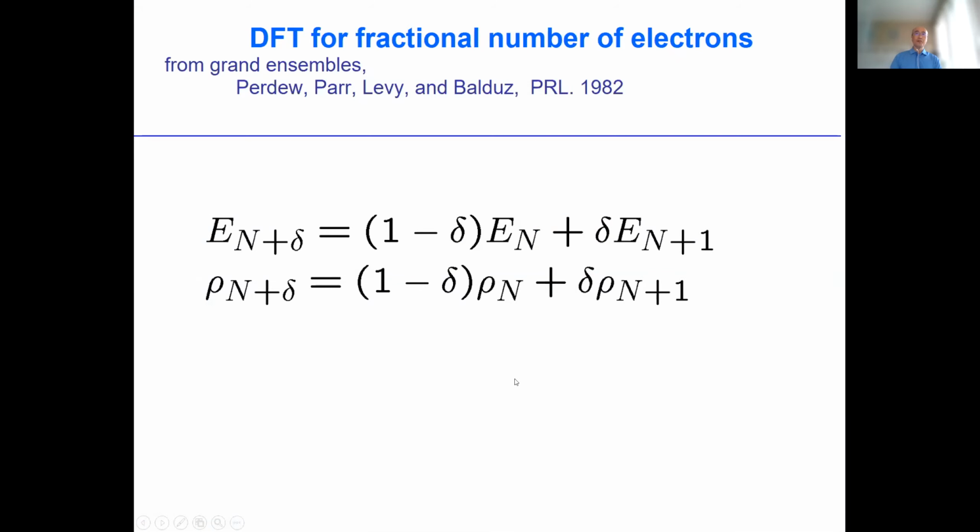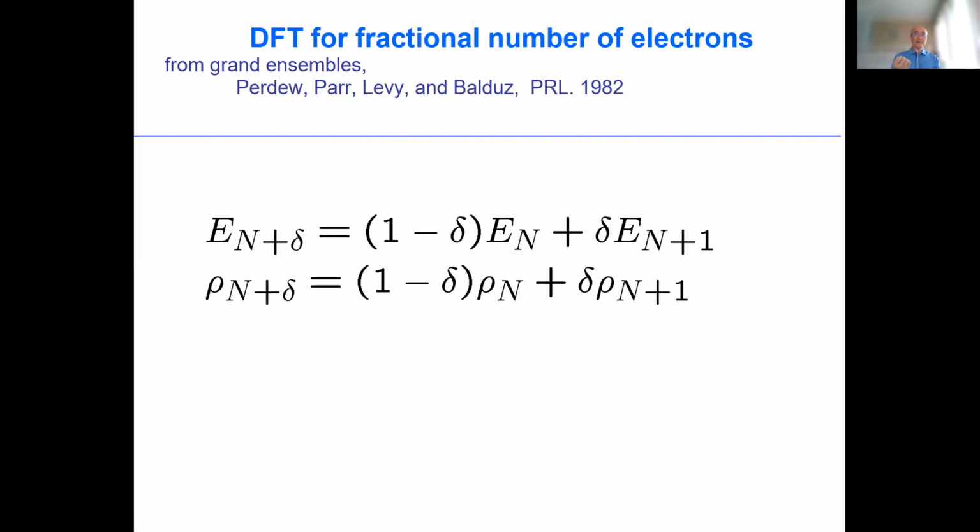So there's also very important theoretical work of Perdew, Parr, Levy, Balduz, on density functional theory for fractional number of electrons. The result is that it's a grand canonical ensemble for a finite number of particles, but at zero temperature.